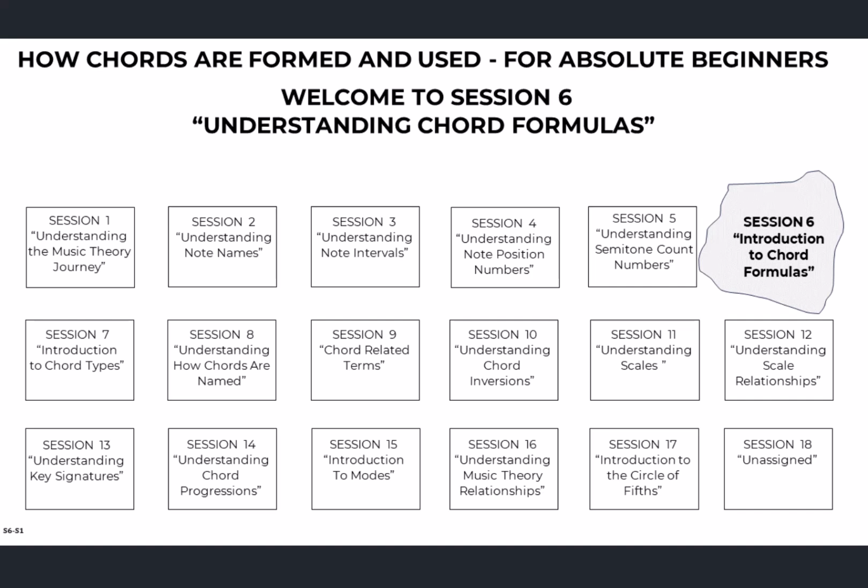Without having chord formulas, learning to form chords for an absolute beginner is like learning to fly an airplane without wings. So coming up in Session 7, not only will you learn all the different chord types, you will also see their affiliated chord formulas, which I'm sure you're anxious to get to.